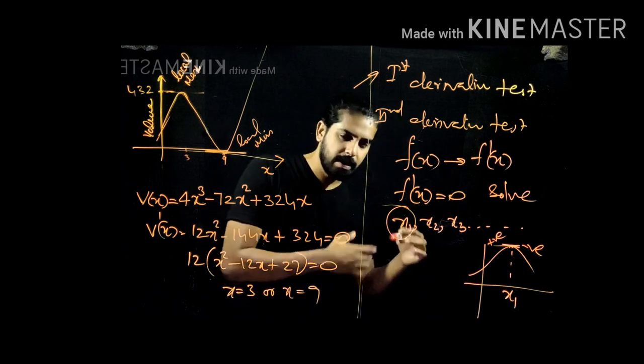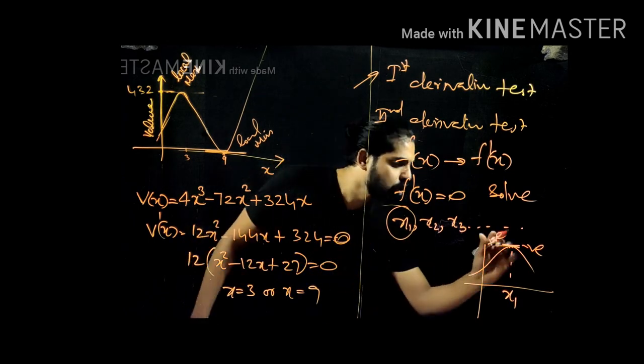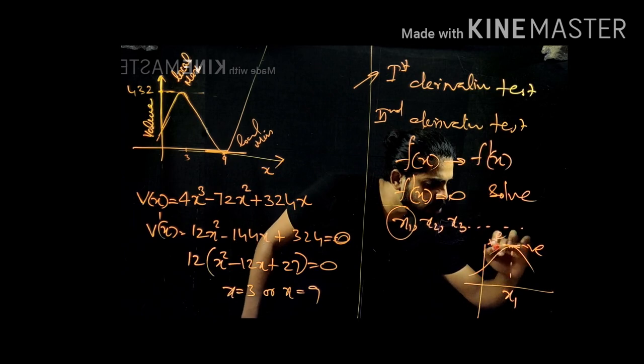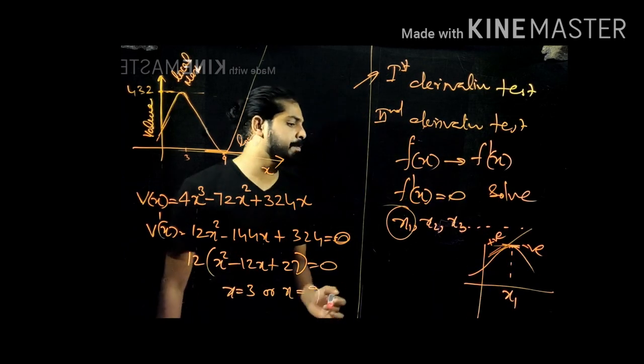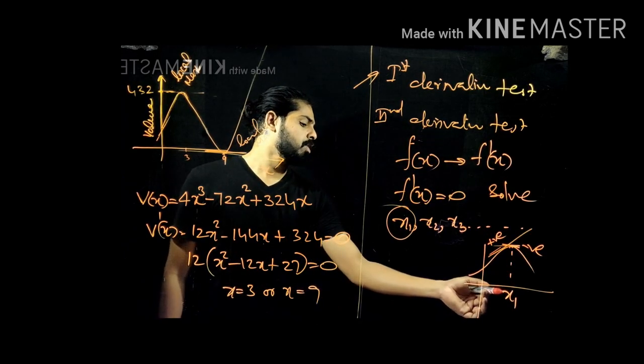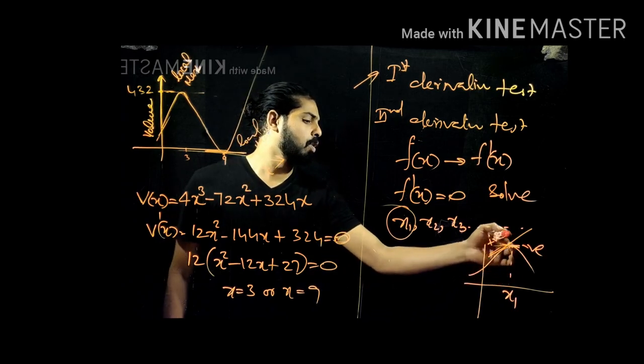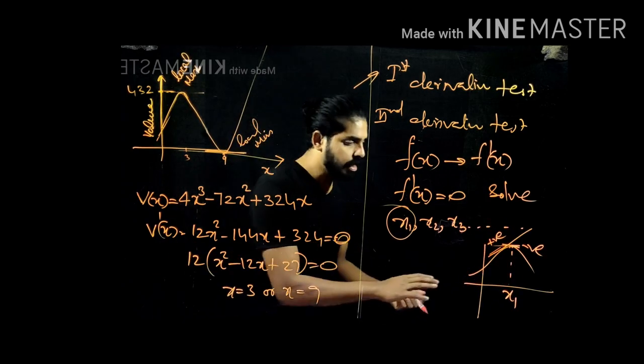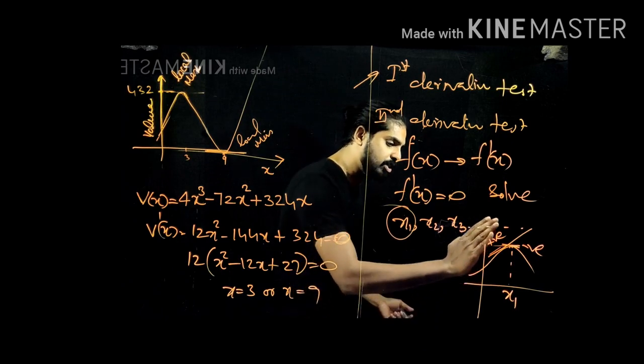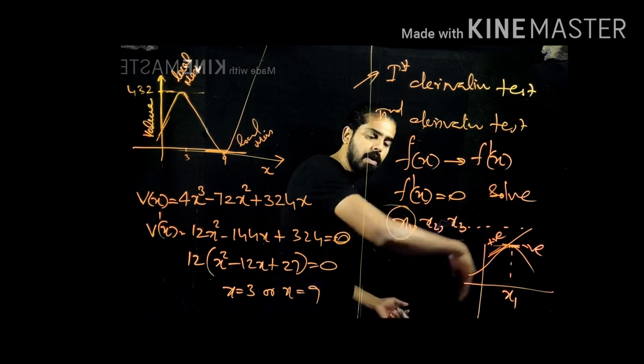Because the derivative means slope, we'll get a positive slope for values very close to x1 on the left side, and a negative slope on the right, because the function is increasing on the left side of x1 and the function starts to decrease after x1.